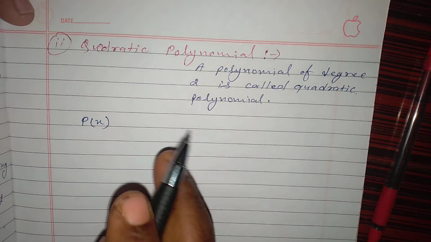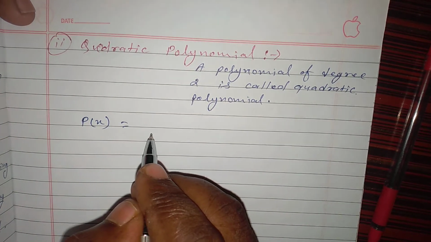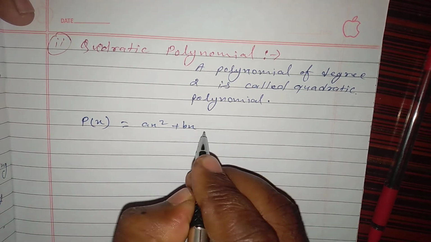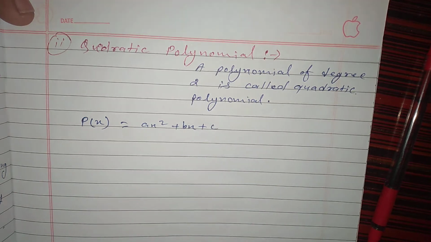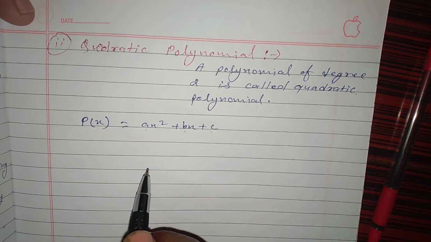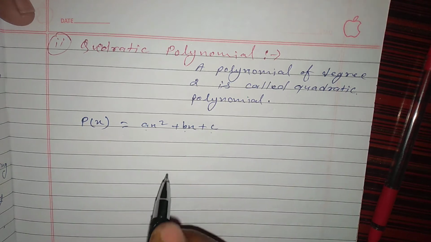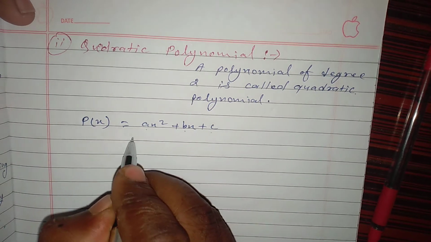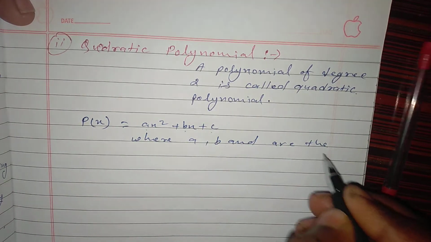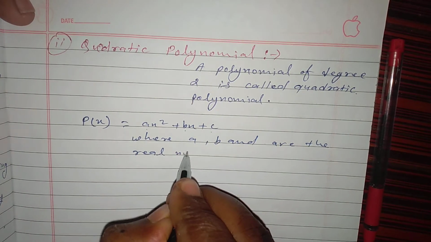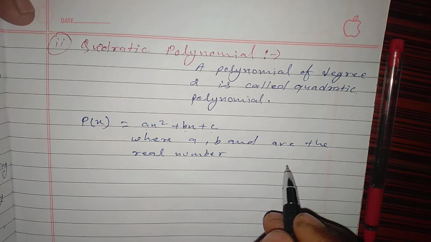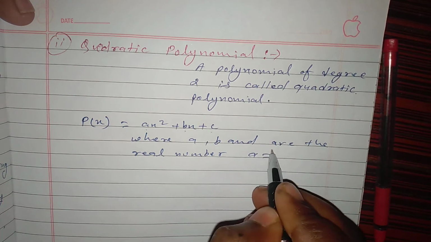Let p(x) be a quadratic polynomial, then we have the formula ax square plus bx plus c, where a, b and c are real numbers, but a is not equal to 0.